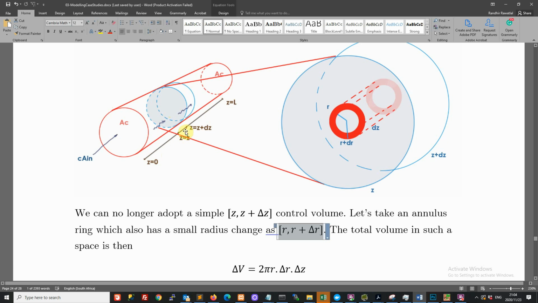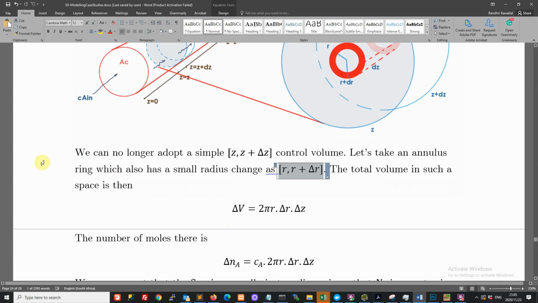It's just one step beyond that now. We are going one dimension higher. We are acknowledging that the concentration varies in an additional dimension, radially. And so to accomplish radial variation as well, we need to select R and R plus delta R.